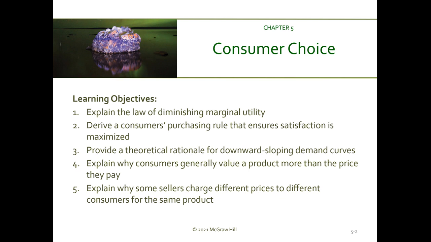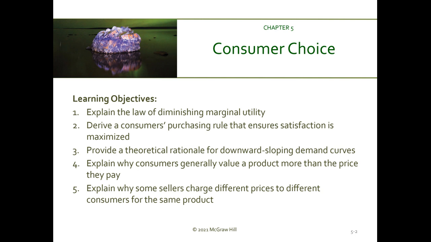Number 4, explain why consumers generally value a product more than the price they pay. In this objective, we try to understand the meaning of consumer surplus and how to calculate consumer surplus. That will be used in later chapters as well.